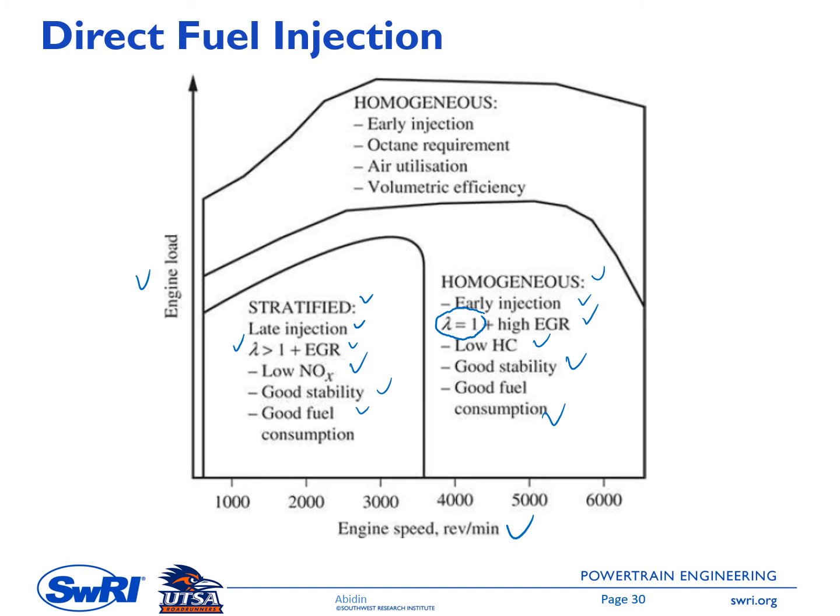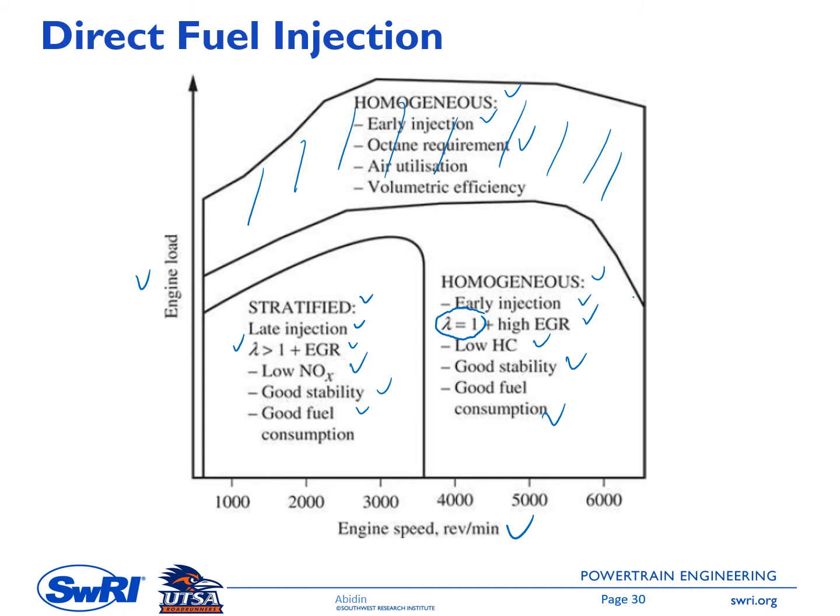For the full load operating condition, it is in this regime. So this is around the full load condition. We operate the engine under a homogeneous mixture. In this case, we need to have early injection during the intake stroke, and we also need to consider the octane requirement.